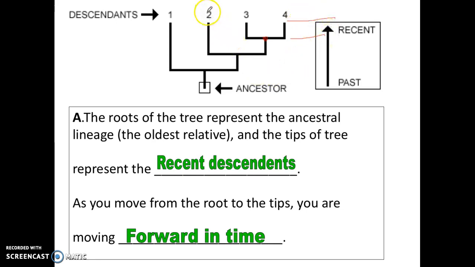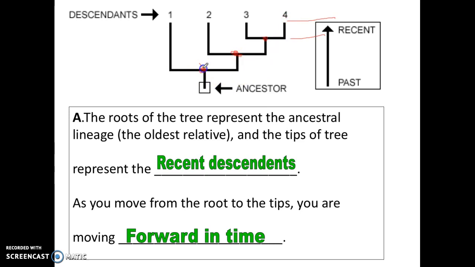If you want to find the most recent common ancestor of 2, 3, and 4, you trace the line back this way, and this way. So the most recent common ancestor for 2, 3, and 4 is right here. The last one is where can we find the most recent common ancestor for 1, 2, 3, and 4? That would be right here, because if you trace the line this way, this way, this way, and this way, all four of those meet right here.